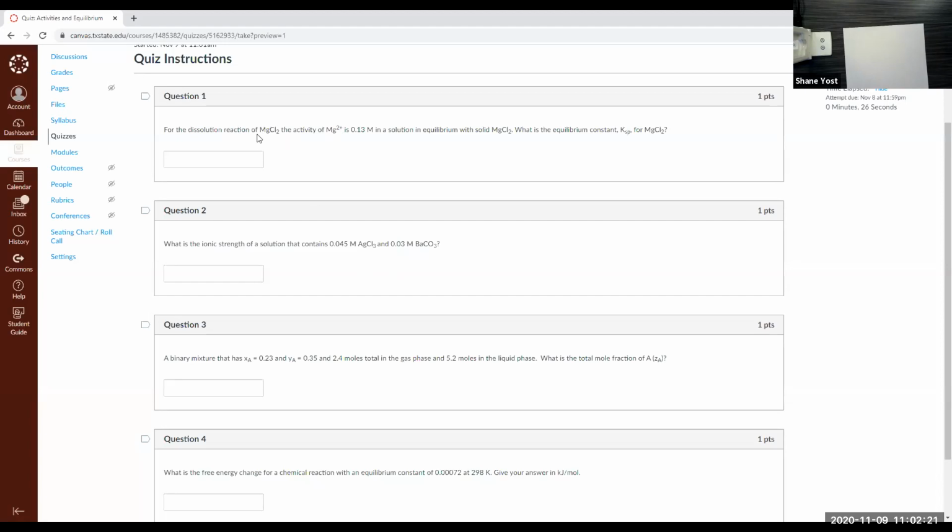okay, we have the dissolution of magnesium chloride, MgCl2. We know that the solution has some solid magnesium chloride in equilibrium with magnesium chloride ions in solution, and that the activity, which is the effective concentration of Mg2+, is 0.13 molar.